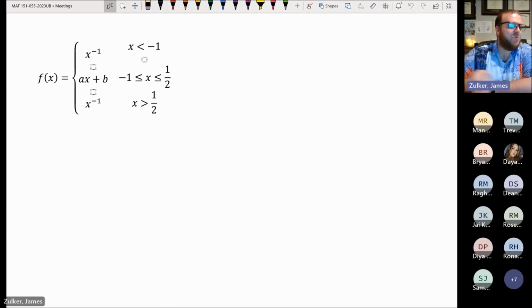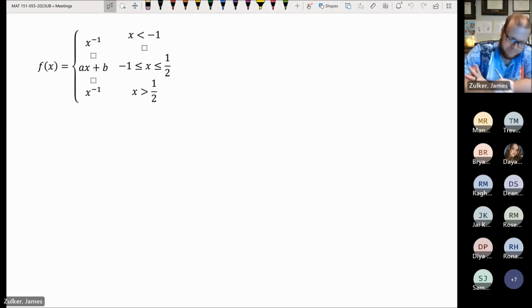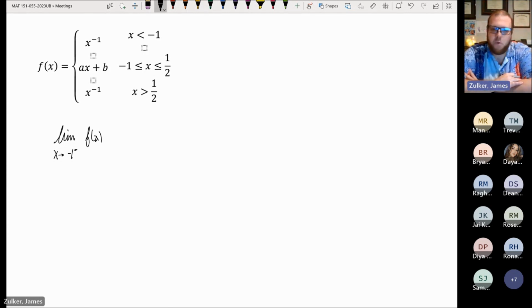So what we do is find the 4 limits. So we're going to find the 2 one-sided limits at -1. We're going to find the 2 one-sided limits at 1/2. Well, that's just -1, right?